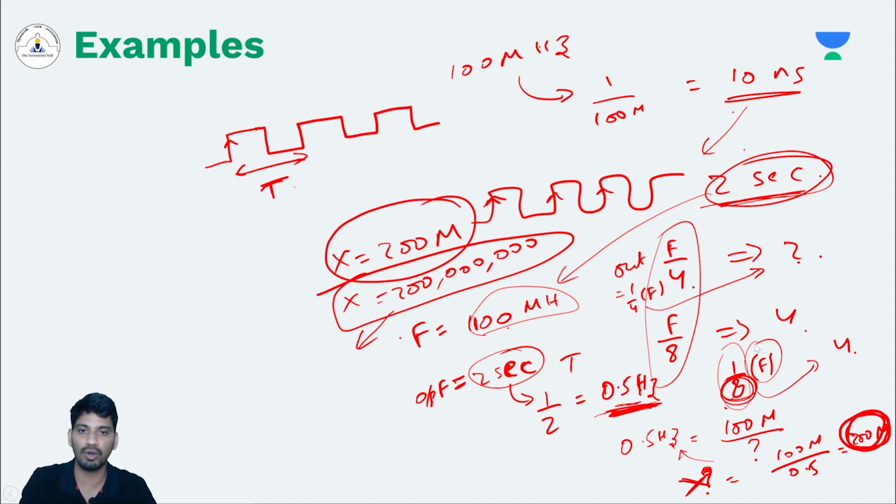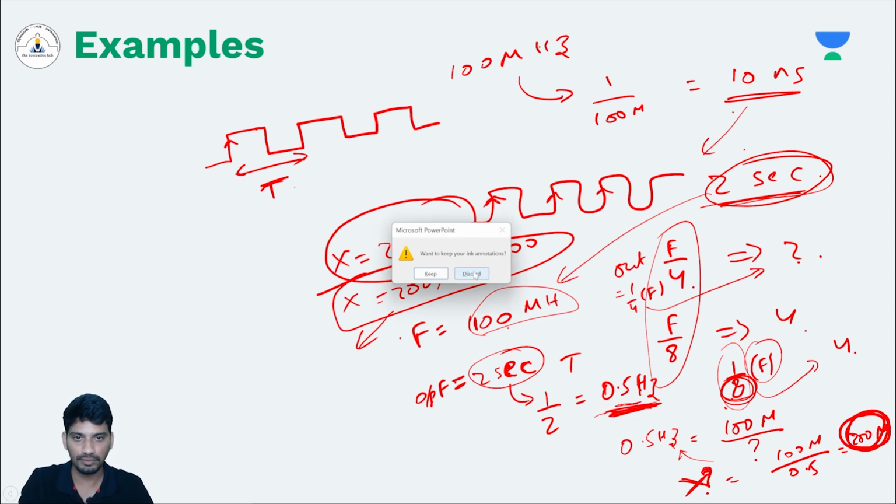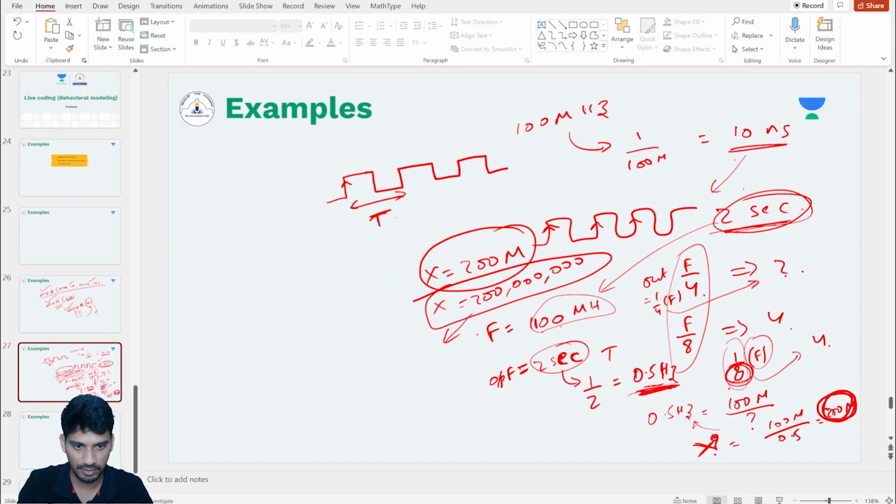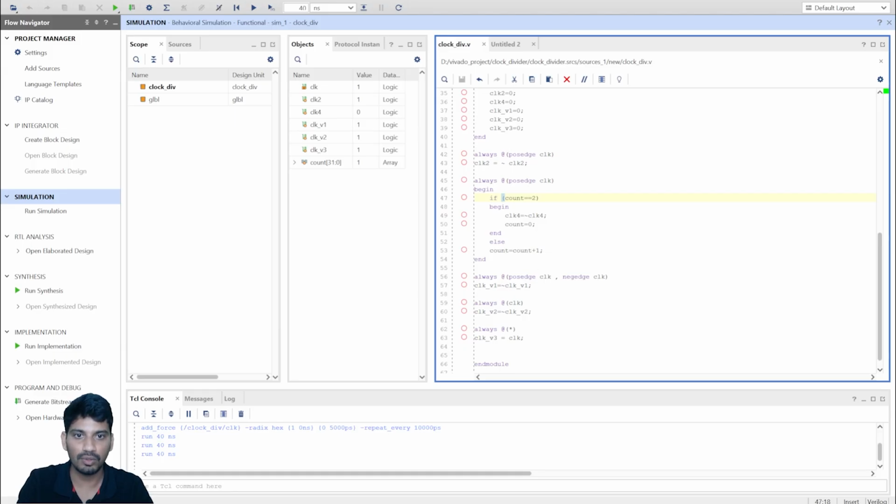So let's change the count variable. Let's do it first in milliseconds, then we'll go for seconds, so that it will be easy to see in the simulation, right? So I'm changing the count to 2000.